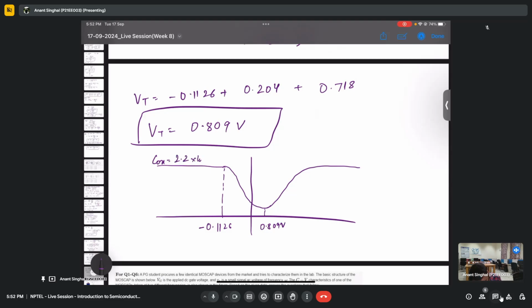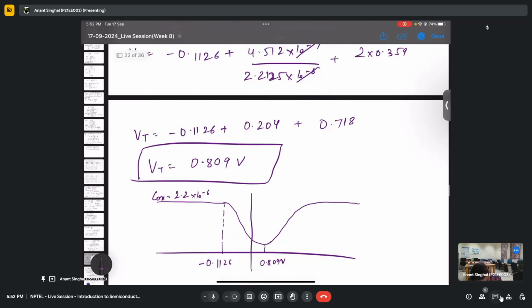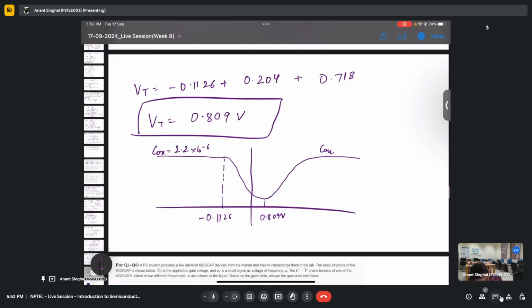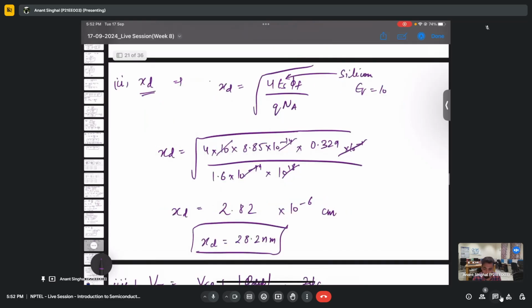And this is again Cox. And this is a C minimum that you can calculate using epsilon Si by XD. Does it make sense? Everyone? Do you understand this question? Any doubts? No, sir. Okay.